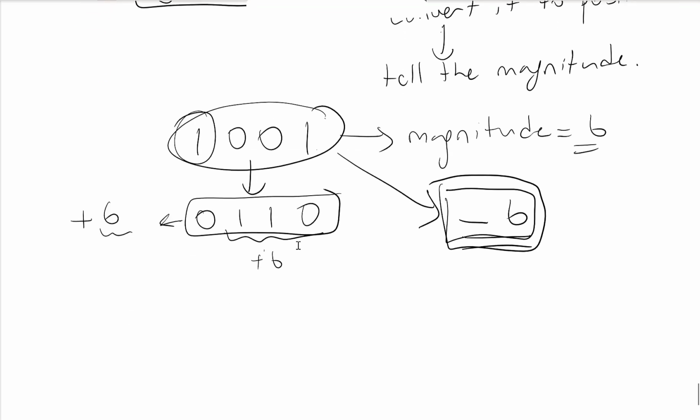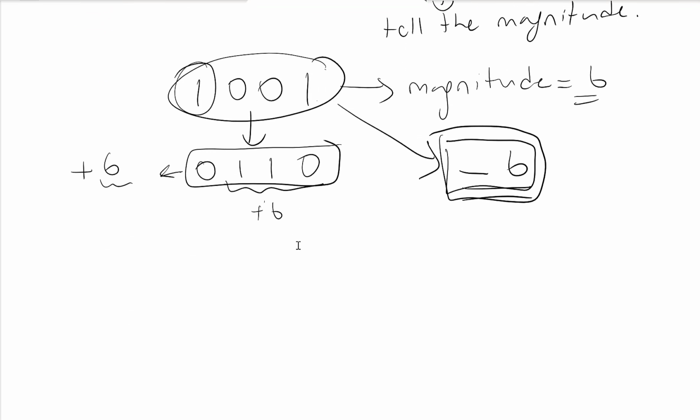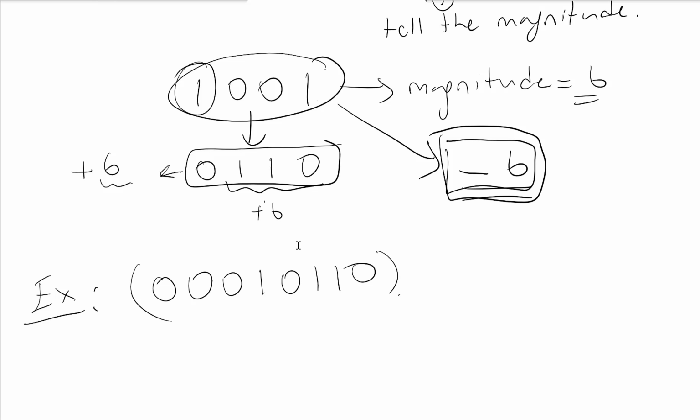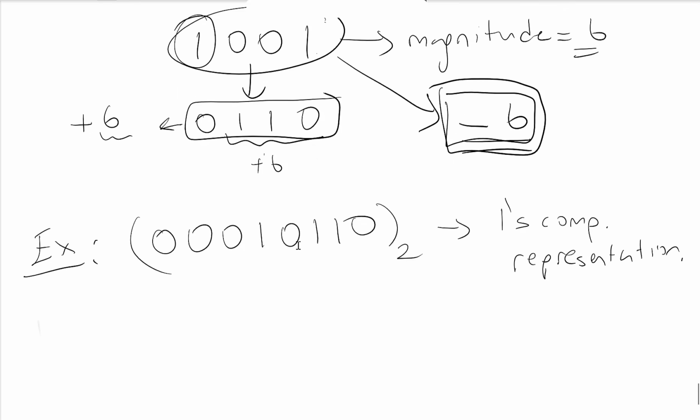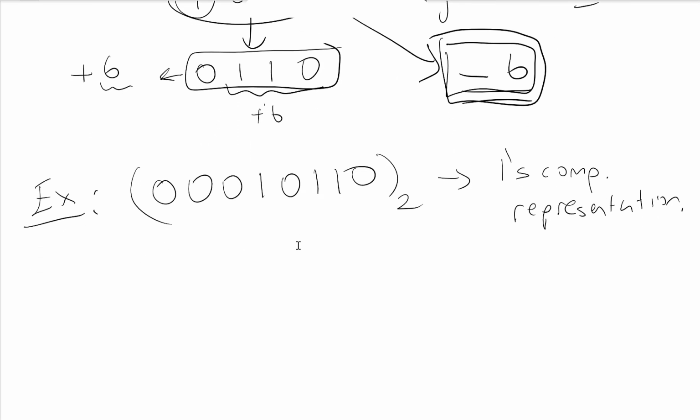So let's do one more example. Let's say I give you another number with 8 bits in this case. This is in binary and this is in one's complement representation. What is this number in decimal? The first thing I do is look at the leftmost bit. From this, I know this is a positive number. If this is a positive number, finding the magnitude is easy.